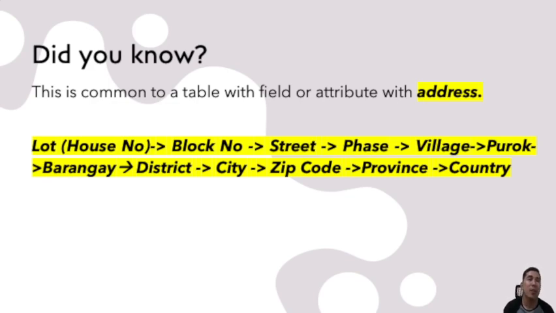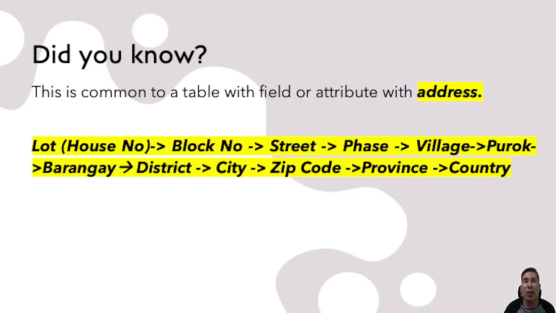So meaning to say, an address cannot be treated as one field in our table. So the best way to design our table if we have an address is to split it up into different fields, which would otherwise cause data redundancy, with more and more repeating groups.